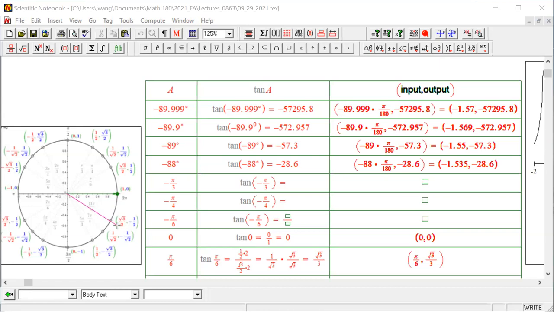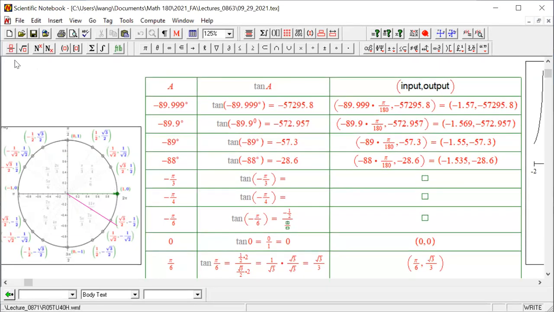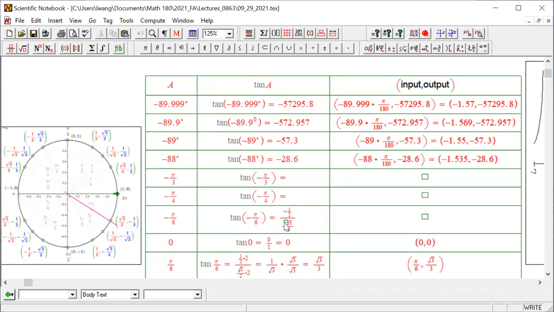So this is your terminal side. And then the blue number is negative one half, and the red number is radical 3 over 2. All right, so that's going to be negative.